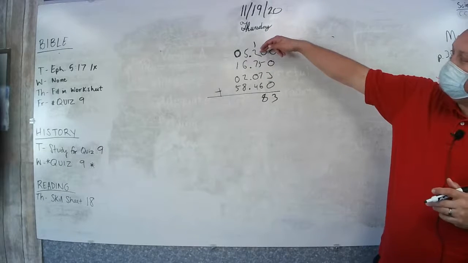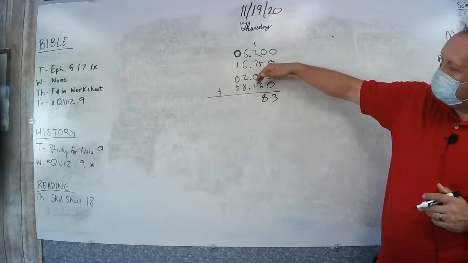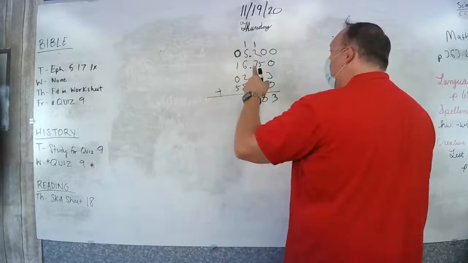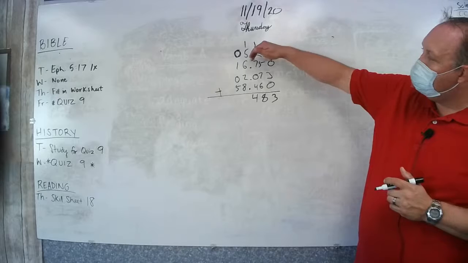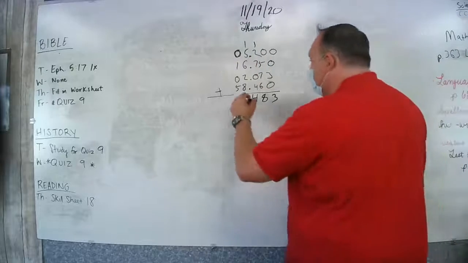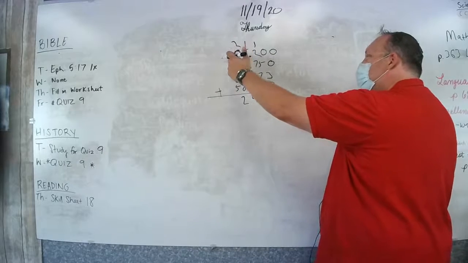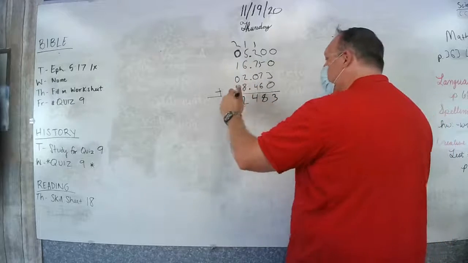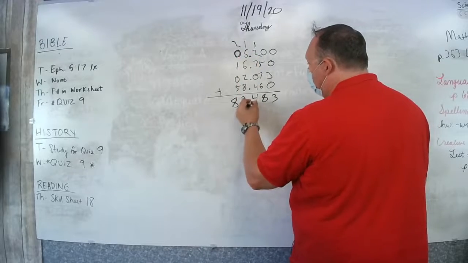Then I have 1 plus 2 plus 7 plus 0 plus 4, 14. Then I carry on to the other side. Then 1 plus 5 plus 6 plus 2 plus 8, 22. Then 2 plus 0 plus 1 plus 0 plus 5. And then I bring my decimal point straight down.